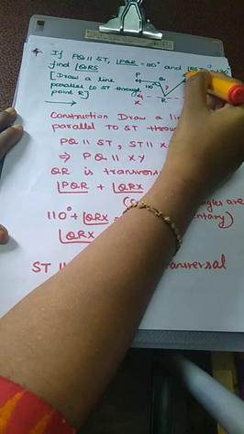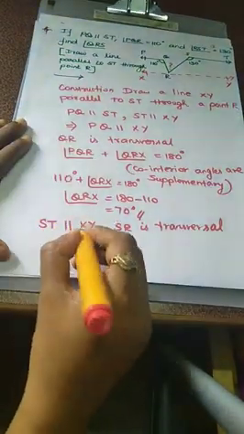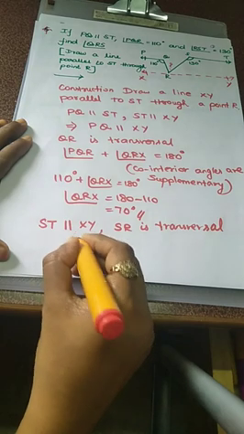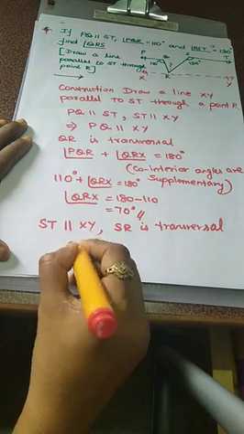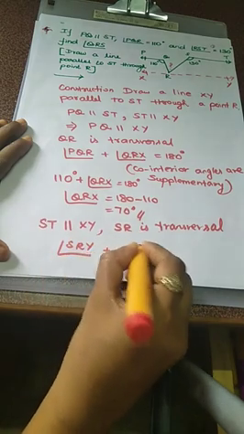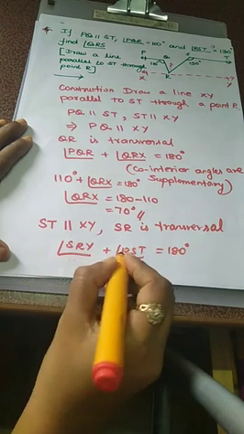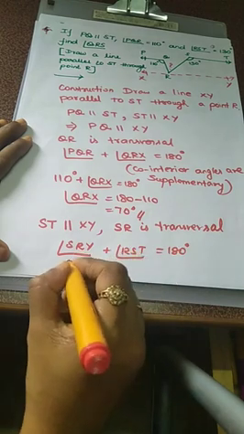So RST plus SRY is equal to 180 degrees. The RST value we know is 130, so apply it here.